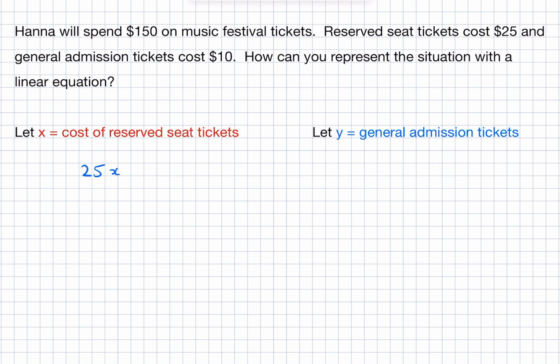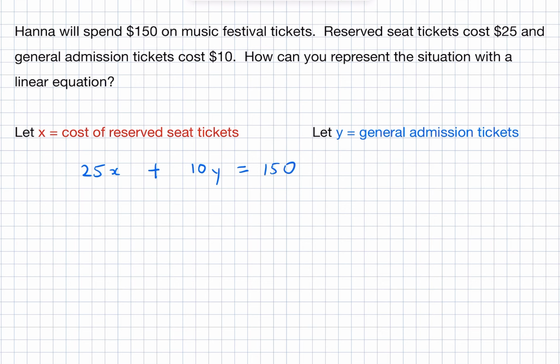times x number of reserved seat tickets, okay, plus the cost of general admission tickets, which we know is $10, times the number of general admission tickets, which we said was going to be y, and that is going to equal the total amount that Hannah will be willing to spend, which is $150.